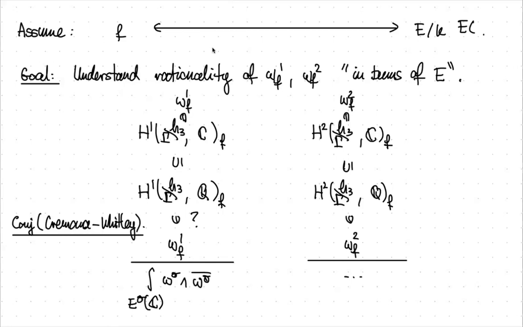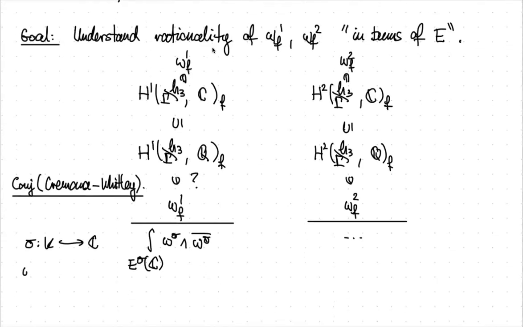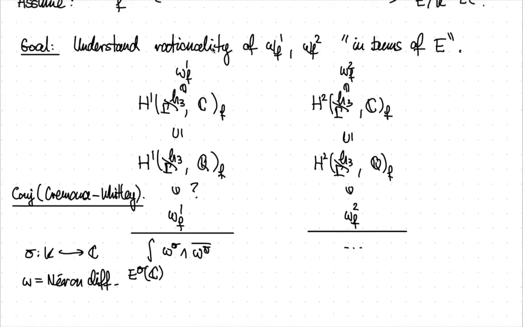So here, I guess I chose an embedding of K into C so that I can talk about the C points. And omega was a Néron differential. So this is some sort of volume associated to the elliptic curve, maybe a Faltings height, as it's sometimes called. Okay, and then over here is where this conjecture of Prasanna and Venkatesh comes in.